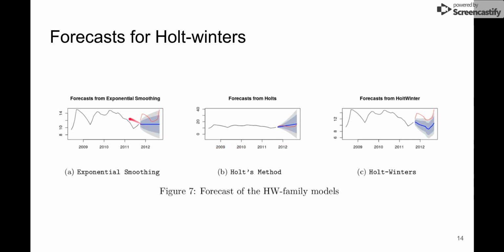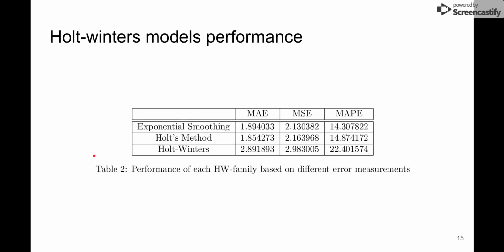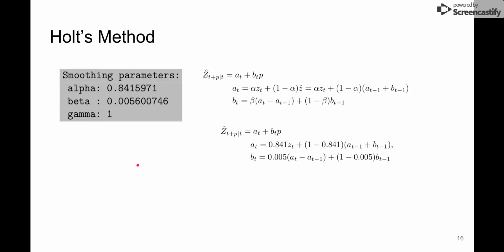While for exponential smoothing, the prediction intervals hardly contain the whole forecast horizon test data. So this would be Holt's method.